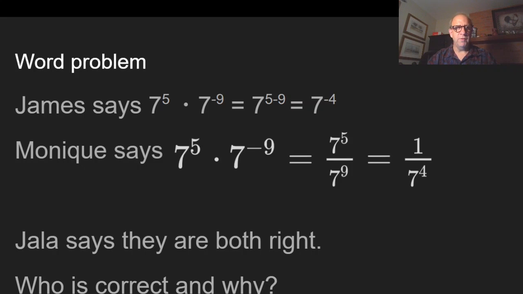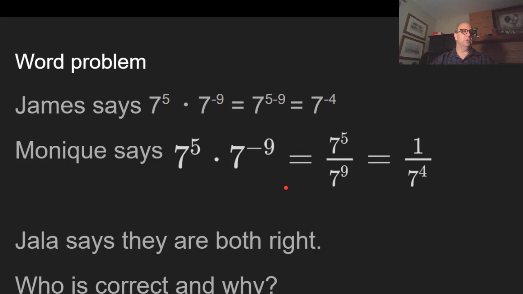I can cancel out 5 of those. I've got 4 left, but they're in the denominator, so that's 1 over 7 to the 4th. When I multiply exponents with the same base, I add the exponents, so 5 plus the negative 9 is like 5 minus 9, which is negative 4, so this is 7 to the negative 4. So Jayla is right. They're both right.